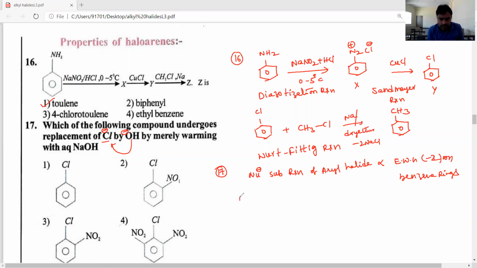So the nucleophilic substitution reactivity order is: 2,4,6-trinitrochlorobenzene is the most reactive because it has more minus I groups. That's why it is more reactive in nucleophilic substitution reaction.